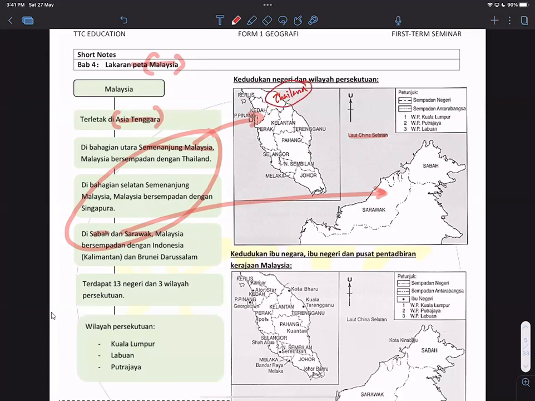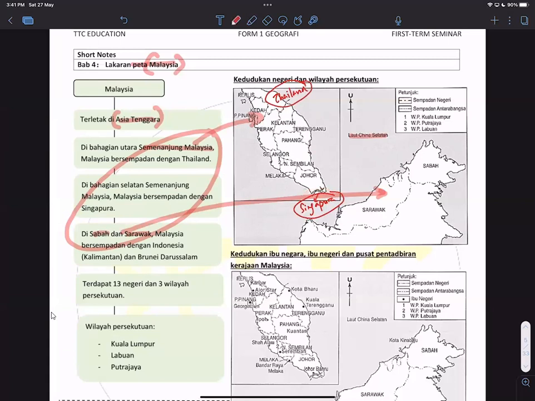Okay, jot down in the notes. So this is what we call Singapura. Sorry, I used to write the short form for Singapore, SG, Singapura. So remember, for this part is Thailand, northern part, near to the Kedah and Kelantan. So near to the Johor, after the Selat is Singapura.